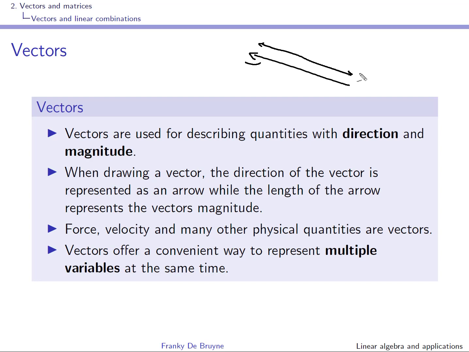Force and velocity are often represented as vectors, as we will see in the course Dynamique des systèmes mécaniques, and vectors offer a convenient way to represent multiple variables, as we will see in the second part of the course, state space control, where we will represent the system by the state vector, a vector containing the state variables.